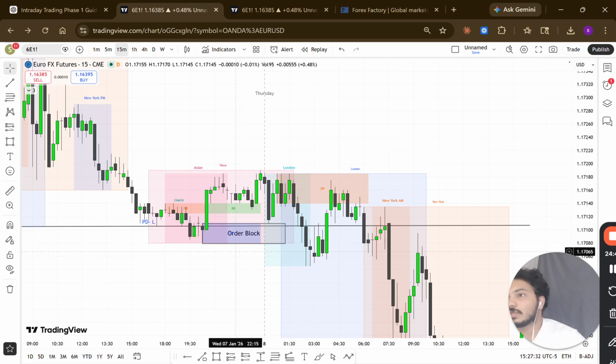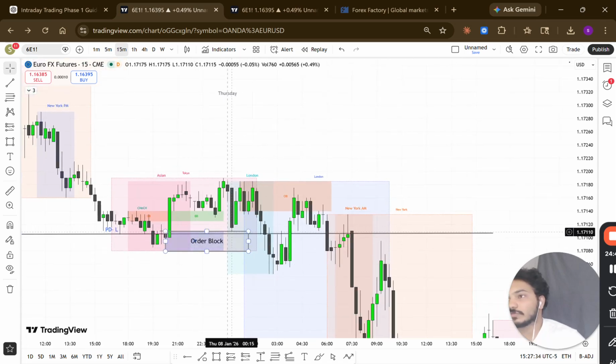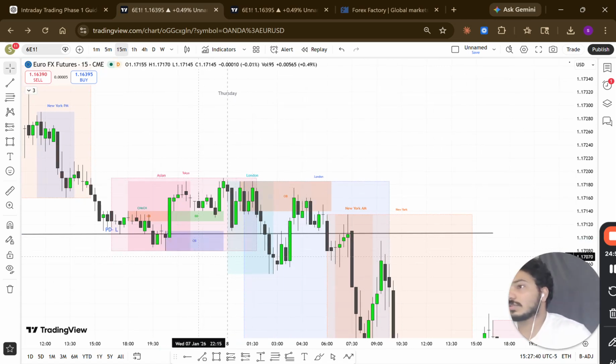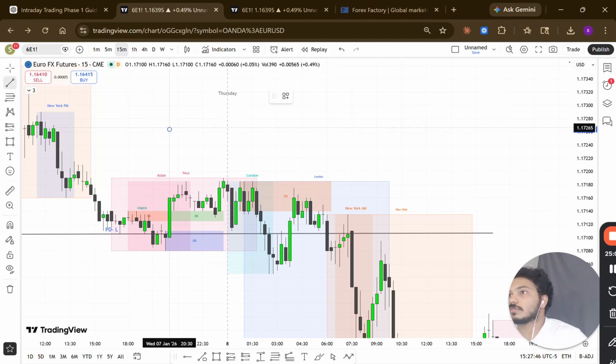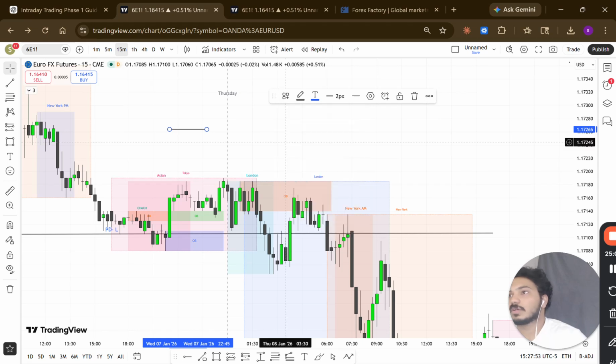On the London Open, if you can see this, pretty much all of this is a consolidation.